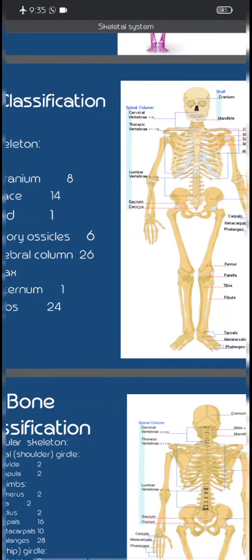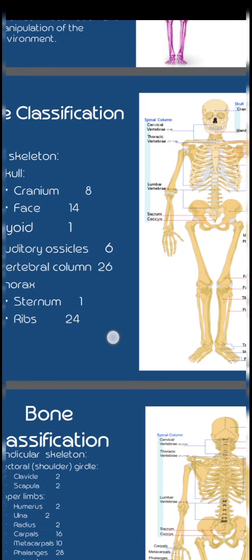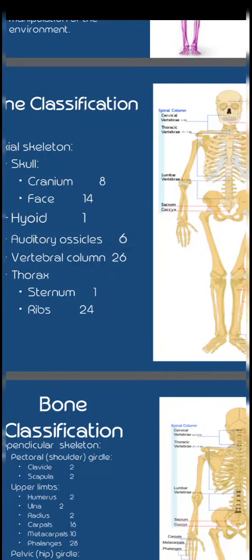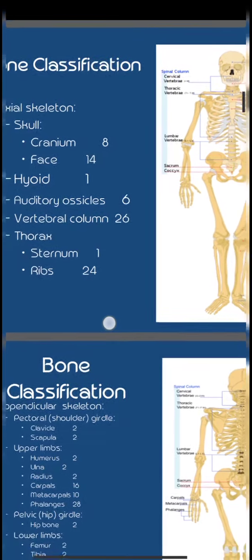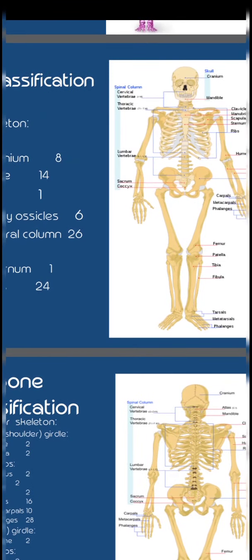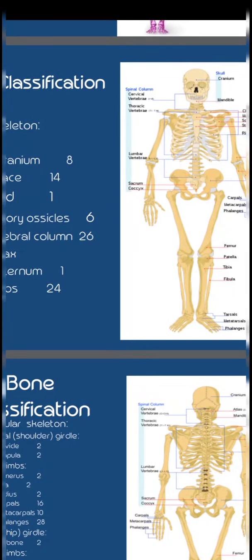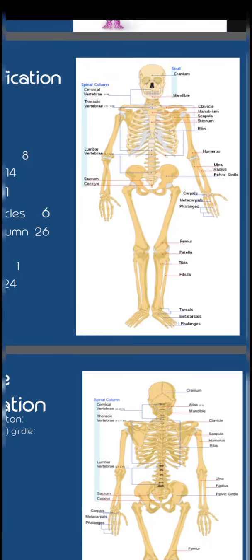Then there are bones of the vertebral column, 26 in number. You may have studied somewhere that there are 31, but the bones of sacrum and coccyx, they fuse together to this arrangement. In thorax there is 1 sternum and there are 12 ribs on each side of the body.